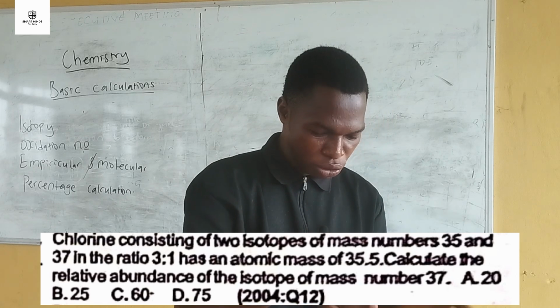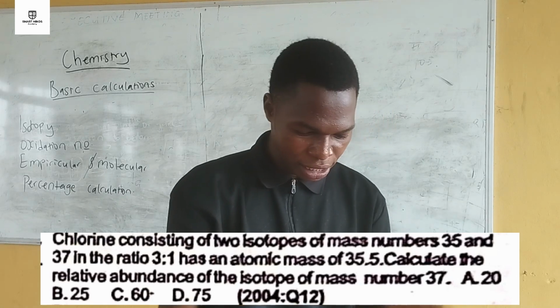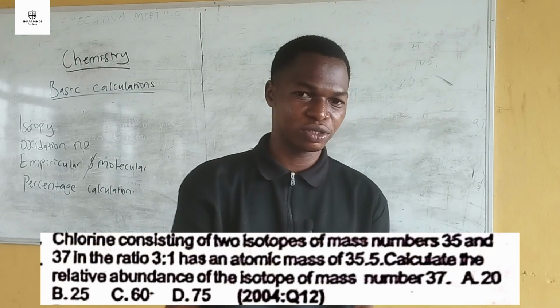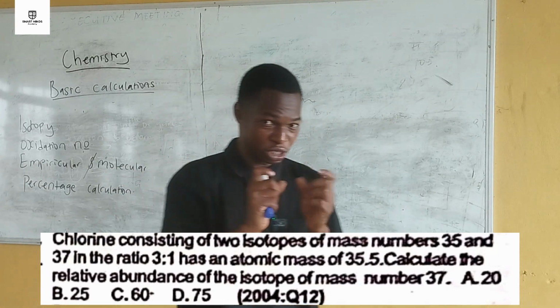Calculate the relative abundance of the isotope of mass 37. This is the last one for isotopes. You understand why I chose this one?